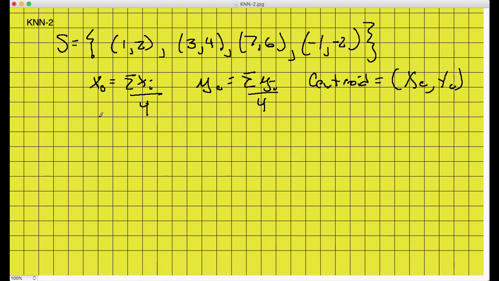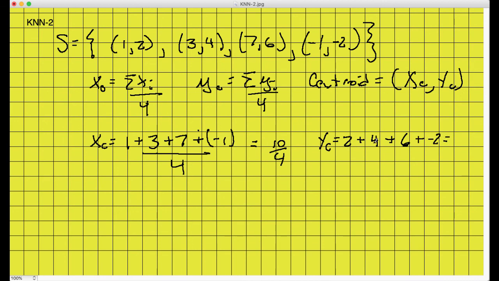So for example, xc is equal to 1 plus 3 plus 7 plus -1 all over 4. So that is 4 plus 7 is 11, -1 is 10. This is equal to 10 over 4. And yc is equal to 2 plus 4 plus 6 plus -2.